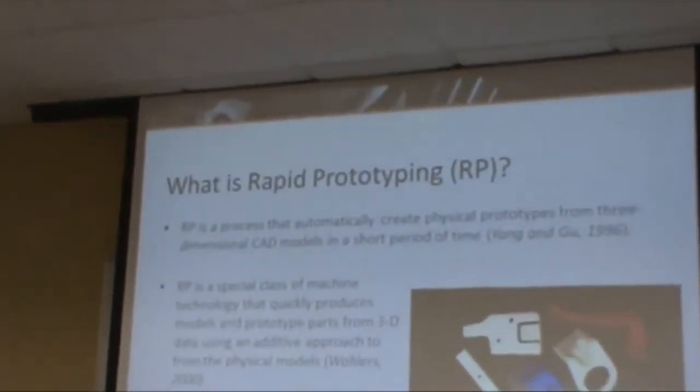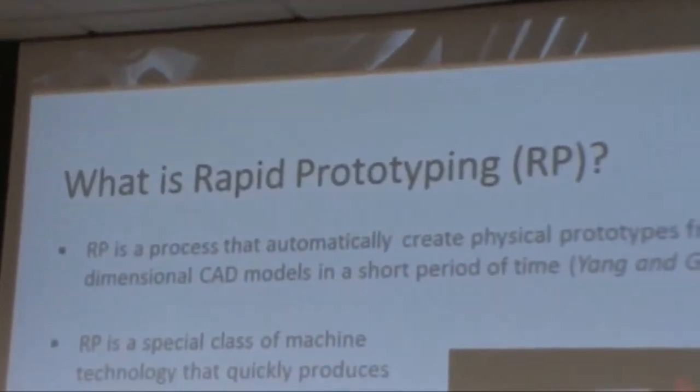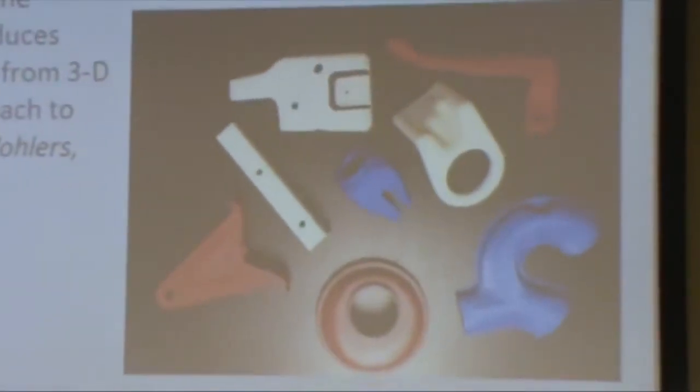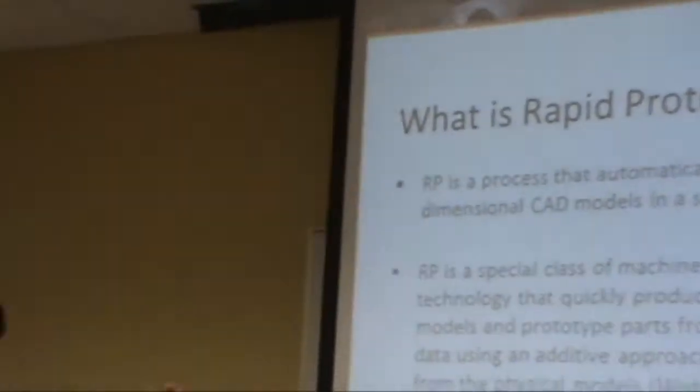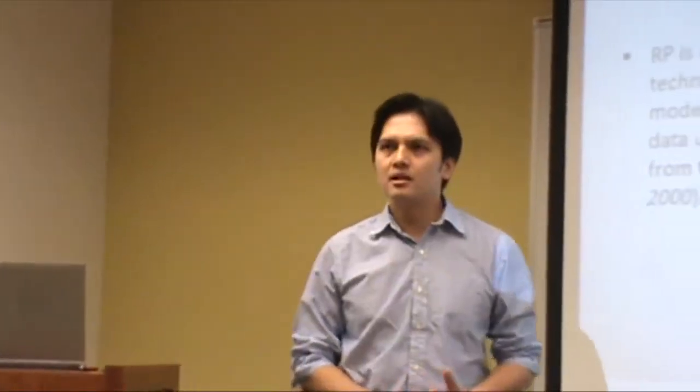So let's start with what rapid prototyping is. Sometimes I call it RP. Many people also call it RP. So I have two definitions here. Basically, it involves a machine that can automatically create a physical prototype from 3D models, or sometimes we call it a CAD model, and it can create it in a very short period of time.